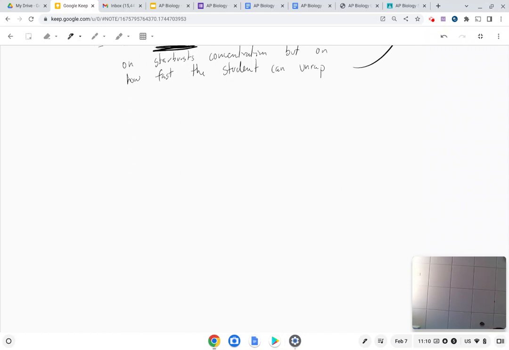Okay, now what about enzyme concentration? So, like in this case, the number of students that I have unwrapping the starbursts. Well, in that case, if I increase the number of students, that should always help. The number of people that can unwrap these starbursts.